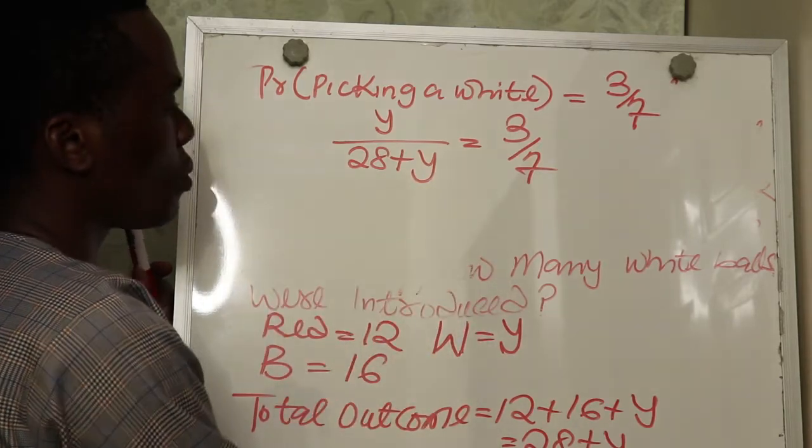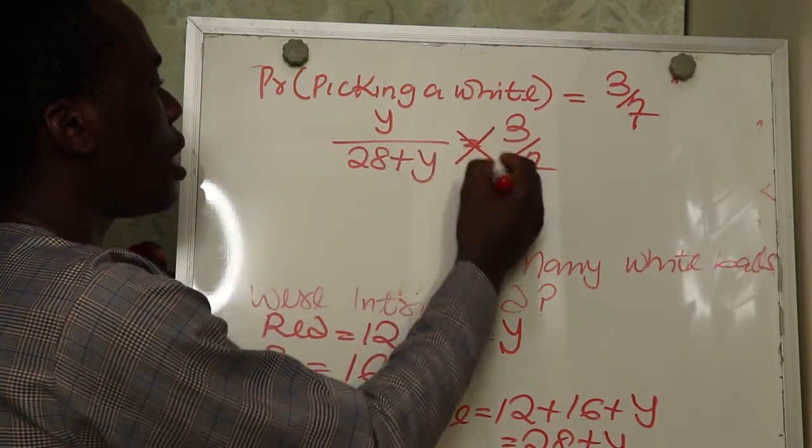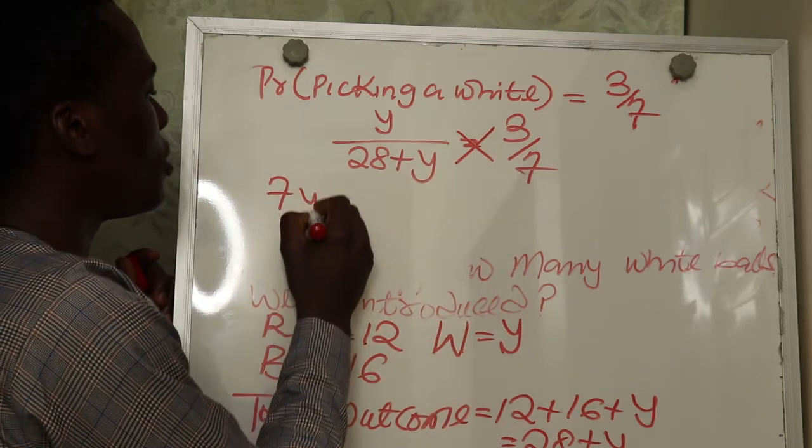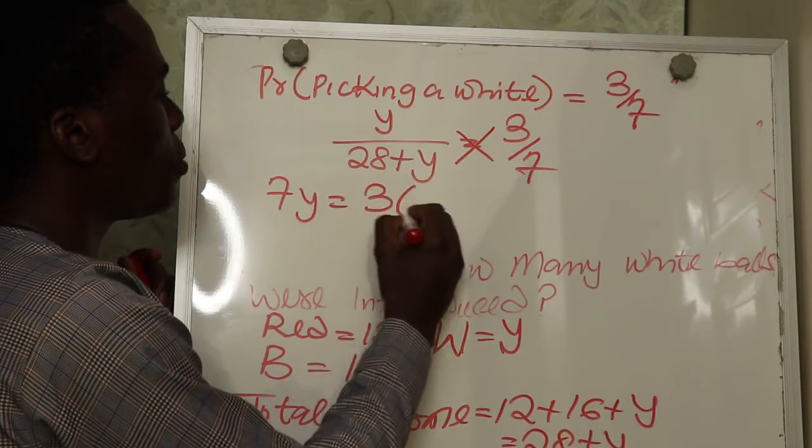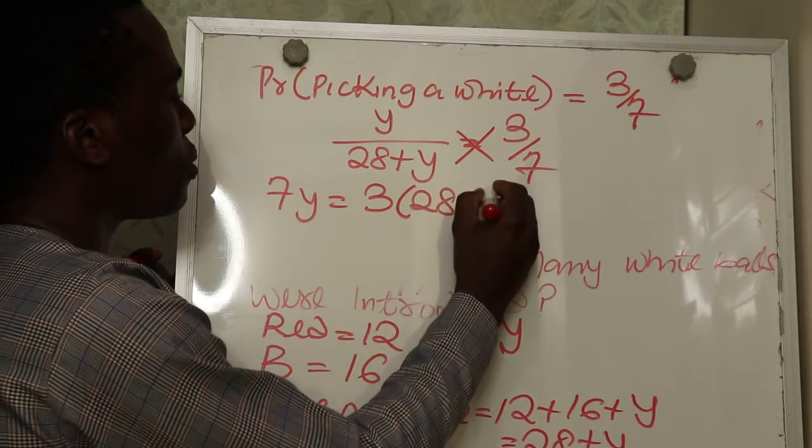When we cross multiply, we are going to have 7y equal to 3 into bracket 28 plus y.